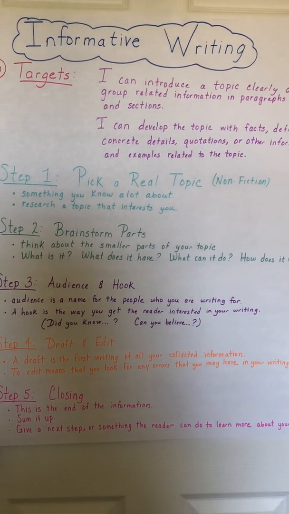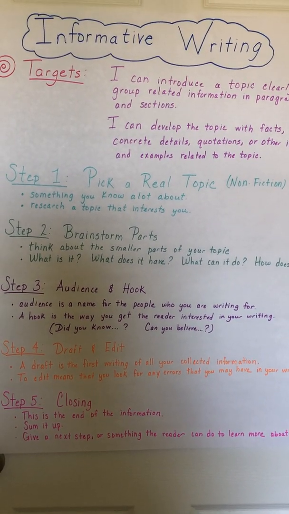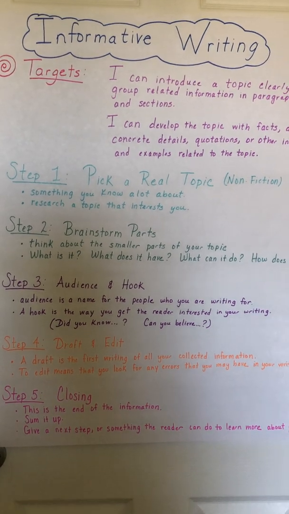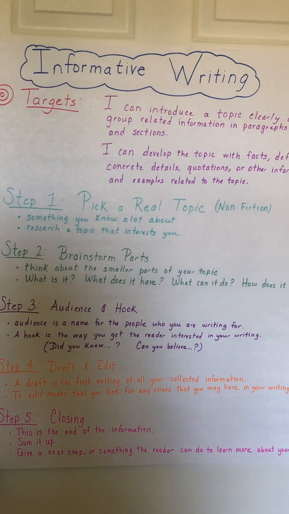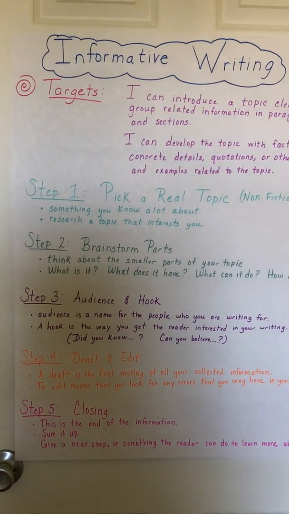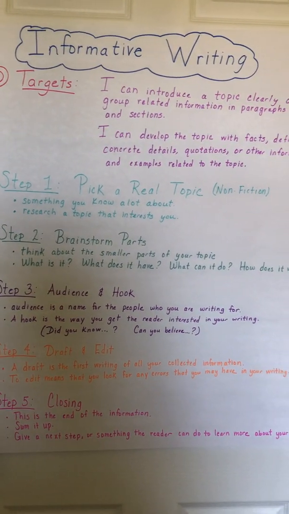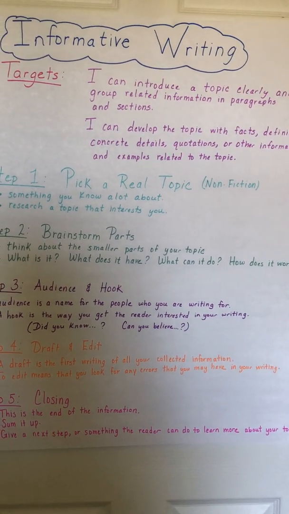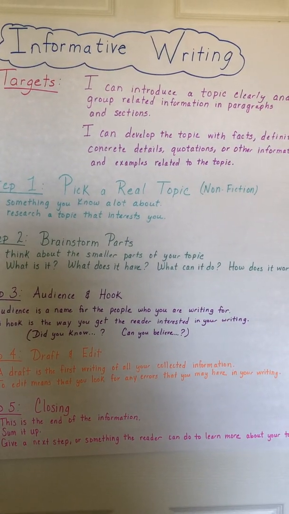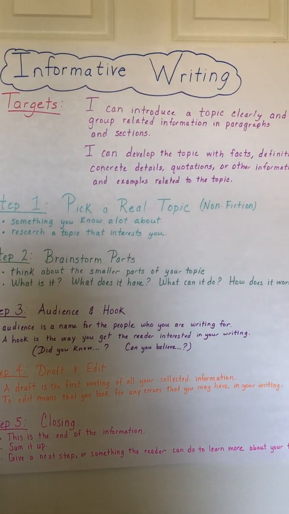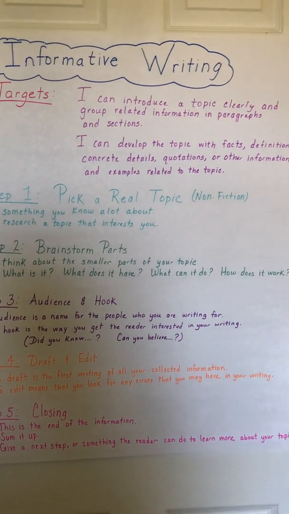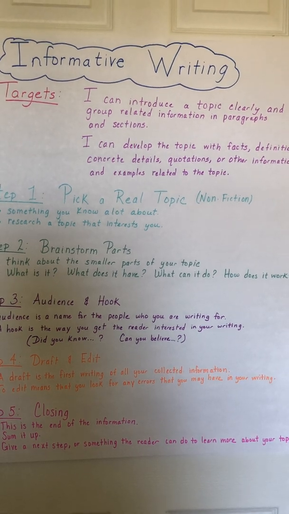Okay, and then like I said, tomorrow what we're going to do is introduce those next 2 steps and start developing our ideas. Okay, but we're just right now in the beginning phases of it. All right. And also, like I said, I'm going to be giving you some general, very general categories to choose from. And then you're going to decide the topic that you want to write about for your independent work that will be due at the end of the week.